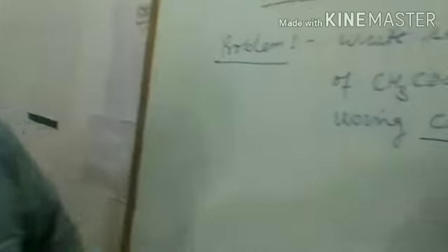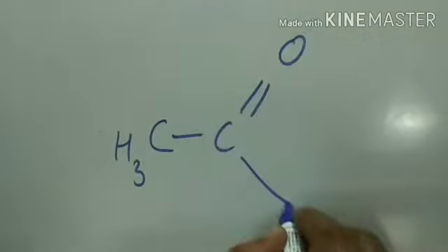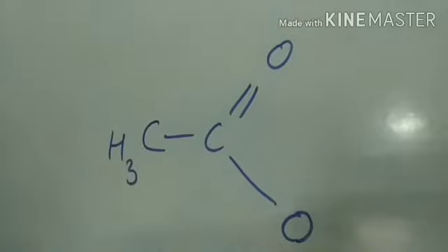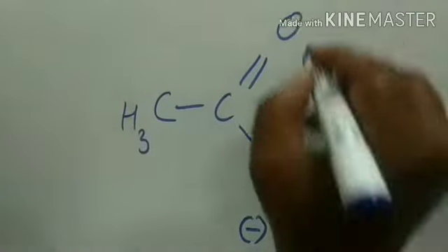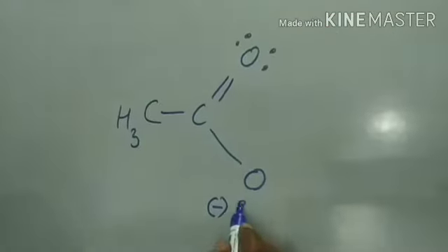The answer is: first you write the structural formula for the acetate ion. This is the acetate ion. Now put the unshared electron pair like this.